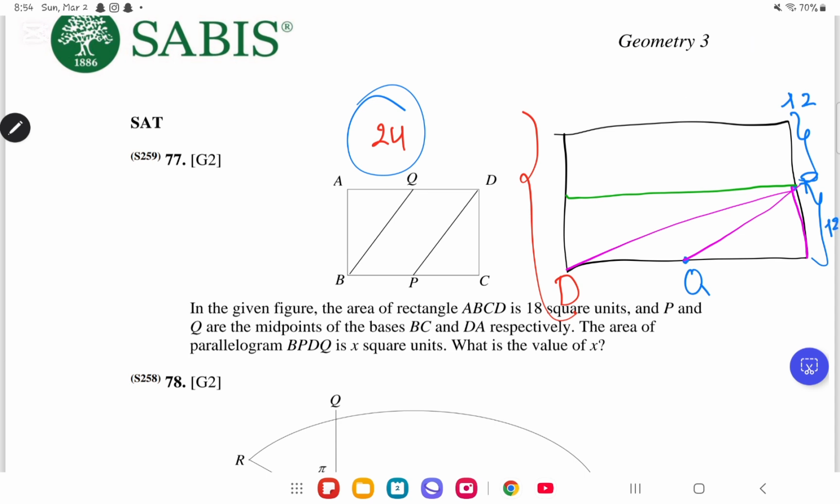And also, if you separate this like this, you will be separating it into 1, 2, 3, 4 congruent triangles. It does not look like 4 congruent triangles, but it is. So what does it mean? That means to find the area of one of these triangles, it's going to be 12/4, which is then 3.